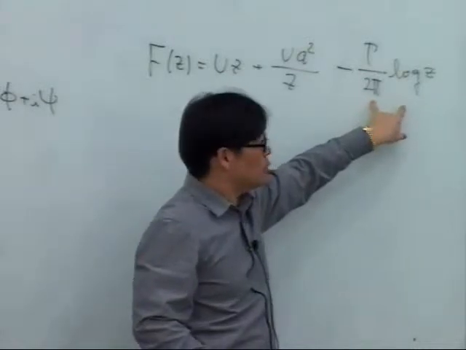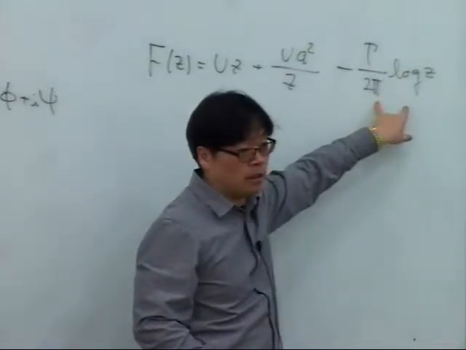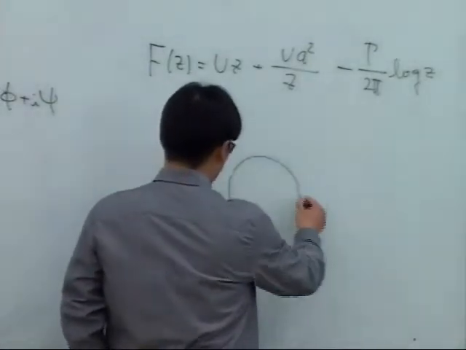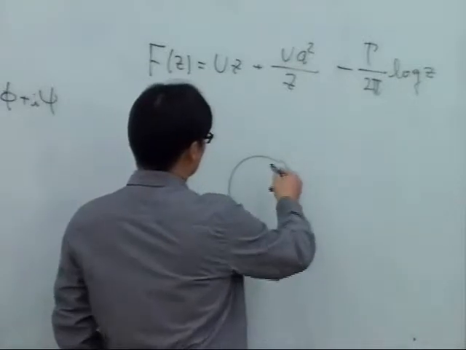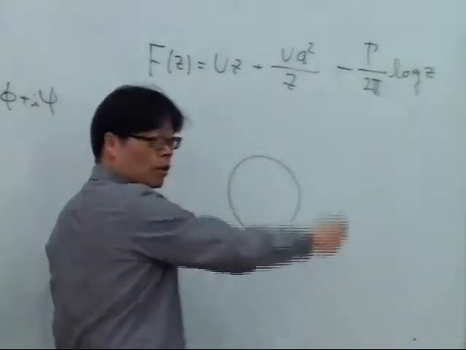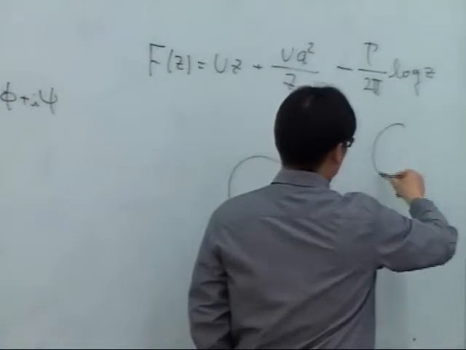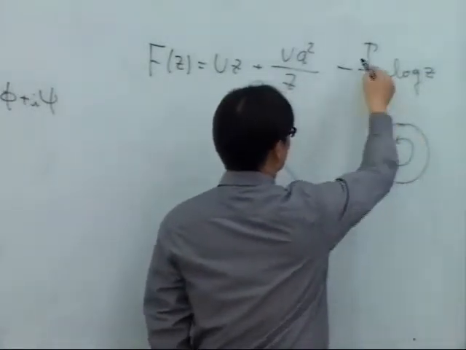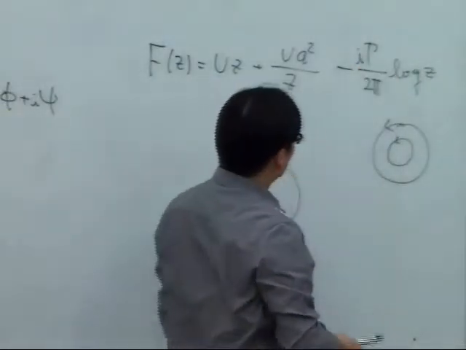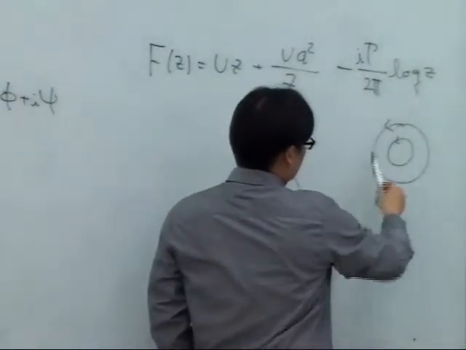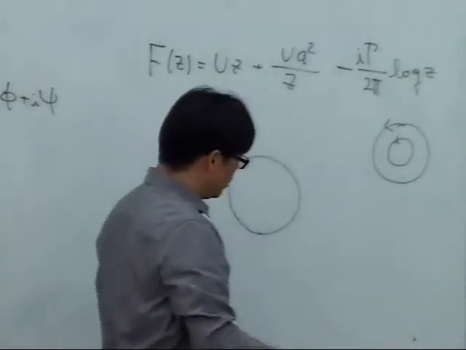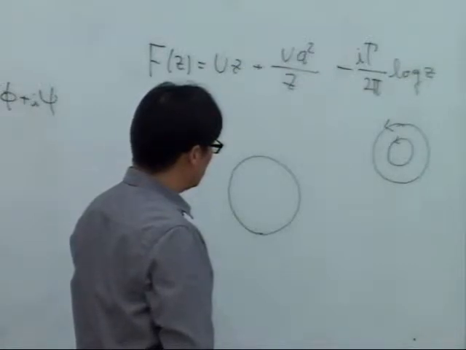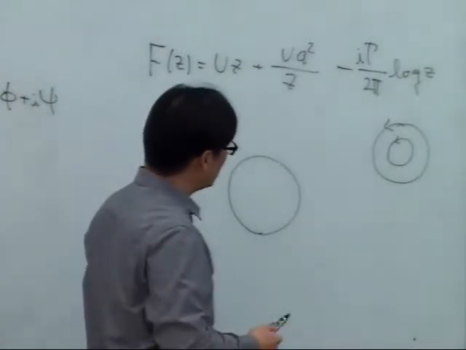This vortex is a rotational flow. It gives a rotational flow field. Let's think about it. This vortex generates flow like this, right? Because I have a negative sign. Oh, sorry, I need i. Since I have a minus sign, I generate a counter-rotating flow in the counterclockwise direction.